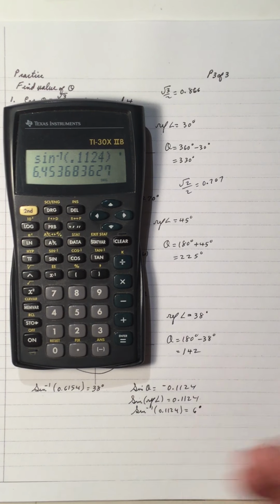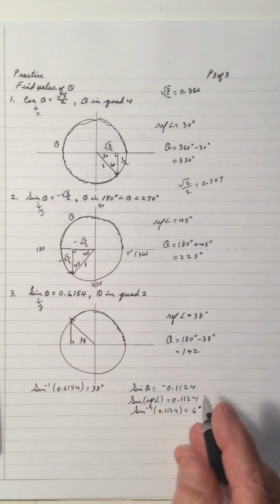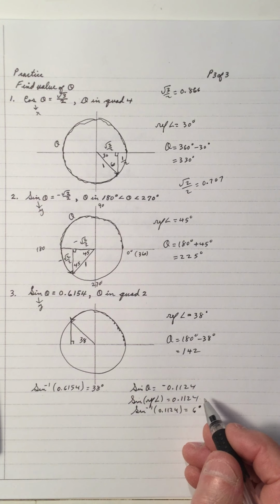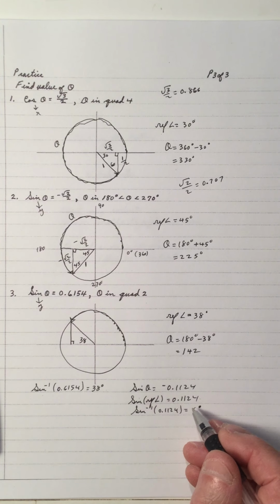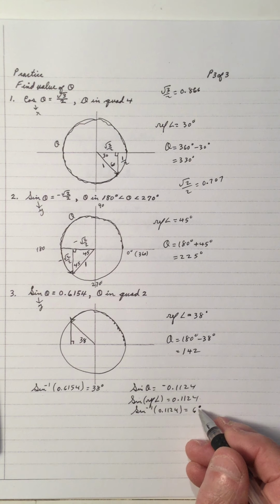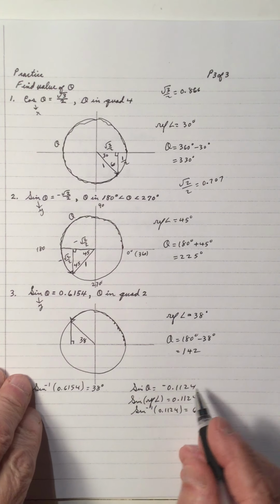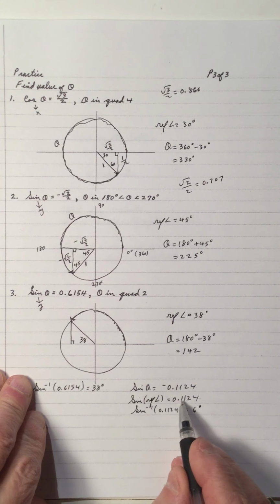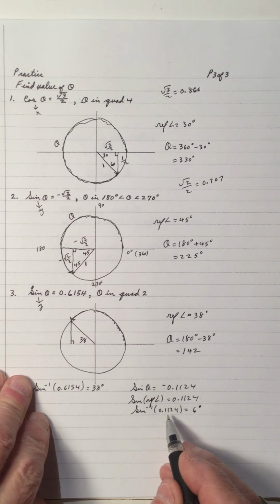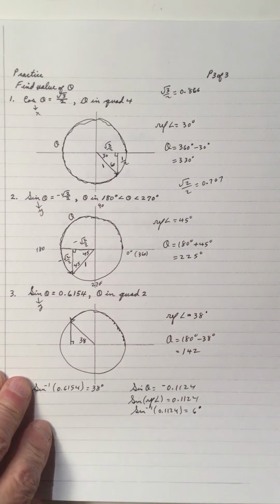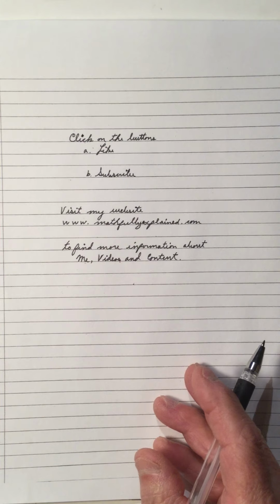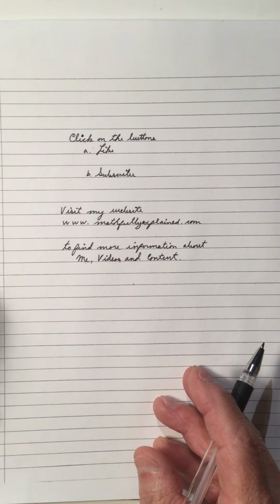So then whatever quadrant you have it in, you can go 180 minus that, 180 plus that, or 360 minus 6, or if it was in the first quadrant, just 6. So just to mention that, if you're going to use your calculator, make sure you keep the number positive to get the reference angle, and then put it in the correct quadrant. If you use a negative, you could get a different answer.